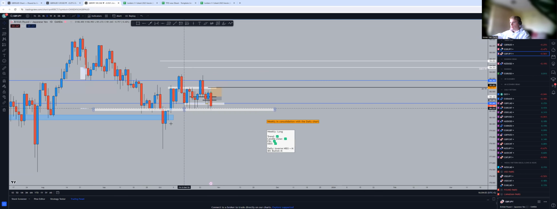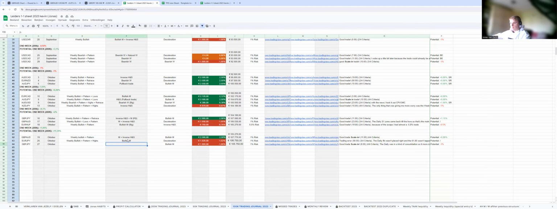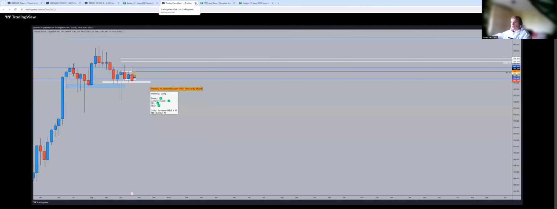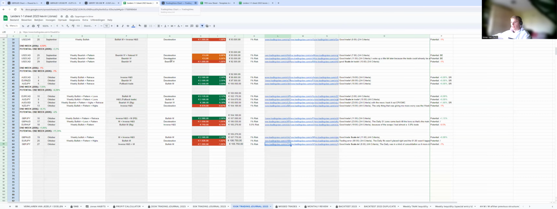Daily was here, that inverse head and shoulders plus bullish M, then the weekly bullish trend, weekly lows, pattern, weekly bullish plus pattern plus lows.